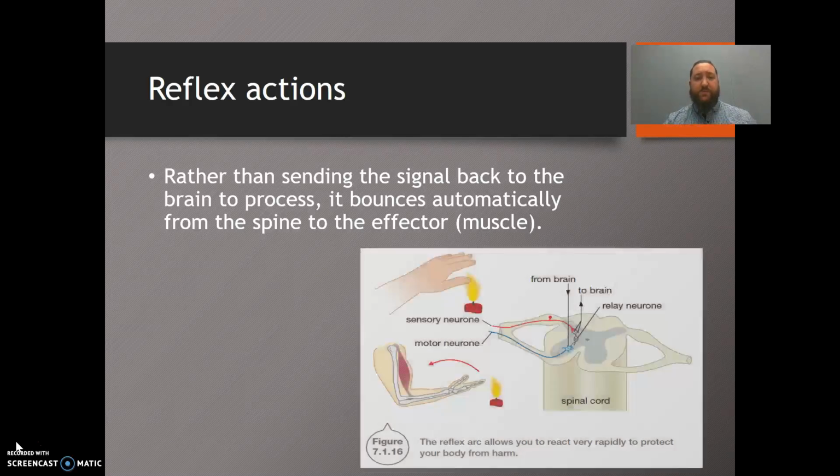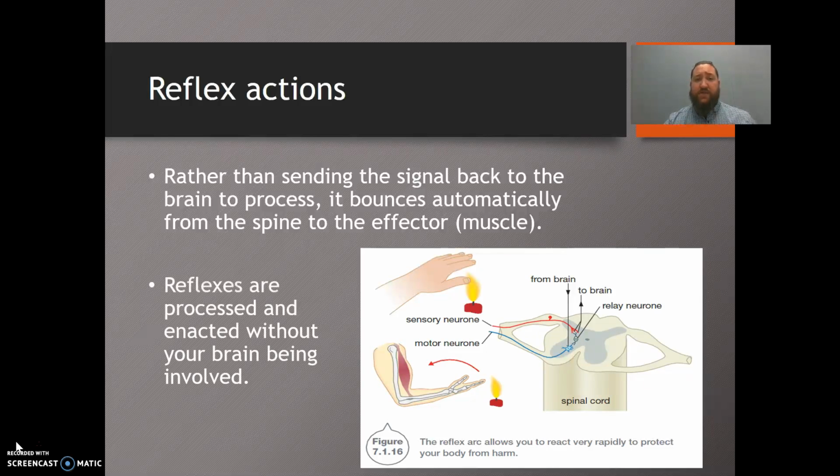In the case of a reflex, though, that signal actually gets bounced back from the spine and sent directly back to the muscles or the effectors, the glands, whatever it is that's performing that action. Now, this happens without the brain. So the decision and the processing is not done by your brain in the case of a reflex.